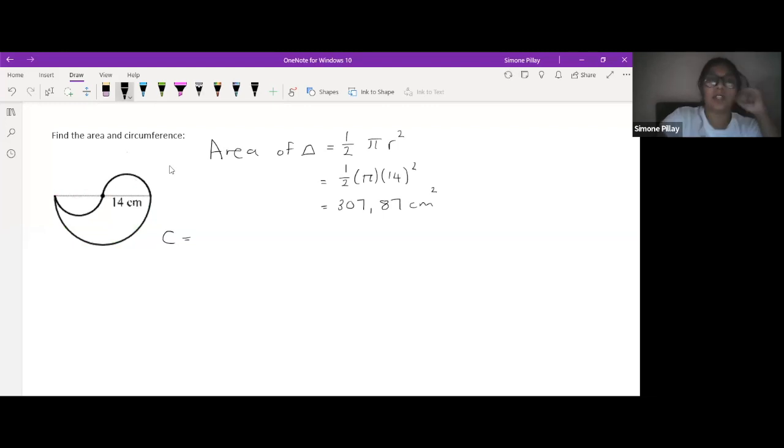Okay, but when we're doing perimeter, remember we're calculating the length of all of this outside space of my shape. So it would be wrong for me to calculate a full circle, because that would be giving me this whole circle over here. And that's not what we're looking for, is it? Yes, ma'am.